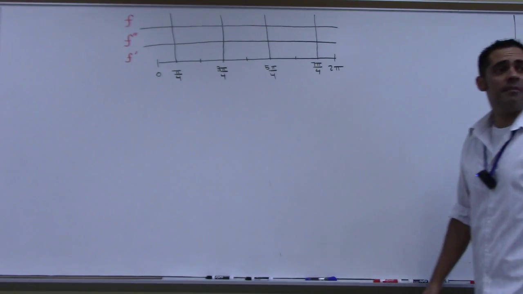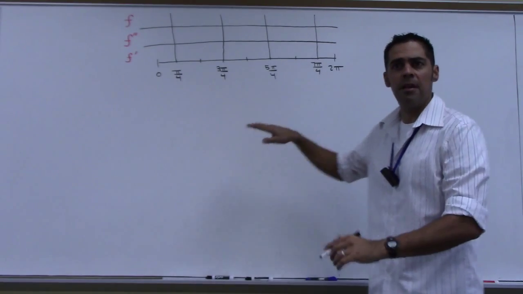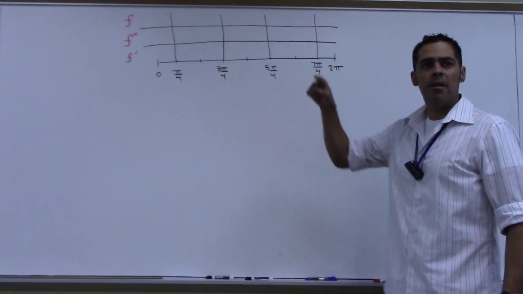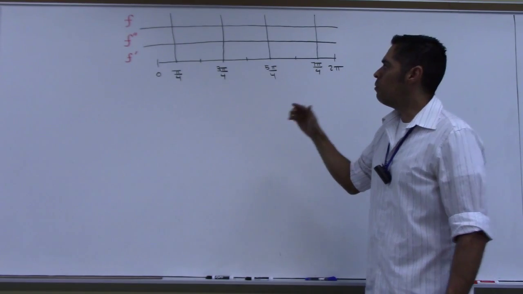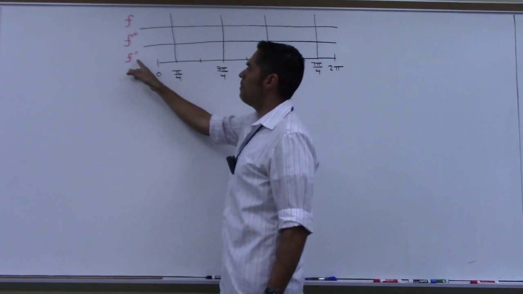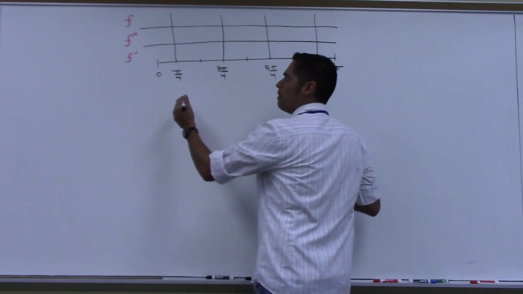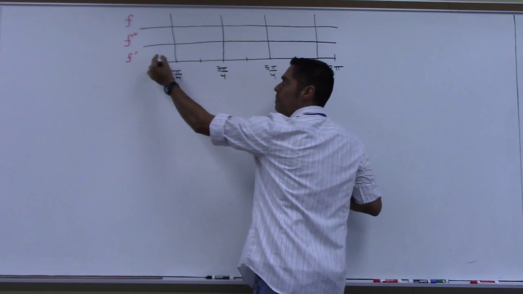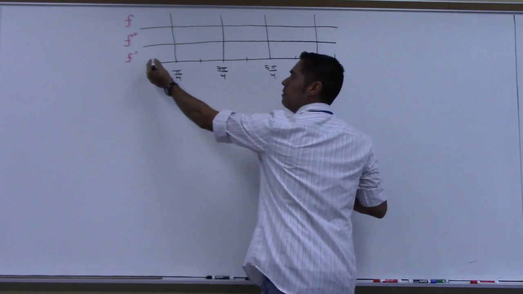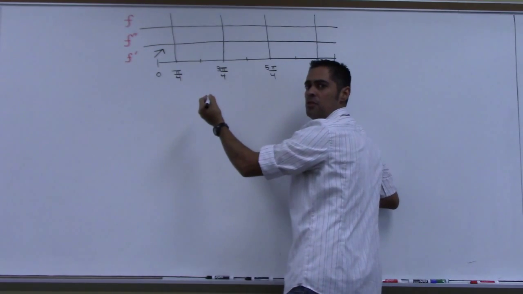Now let's talk about f prime. Go back to the picture we had, because we drew something for f prime, didn't we? And I showed you where f was going up and down. So where was f prime positive? Tell me from left to right what the original function did. It was up until when? Pi over 4. So if I drew an arrow right here, would you agree that's what the function is doing there?